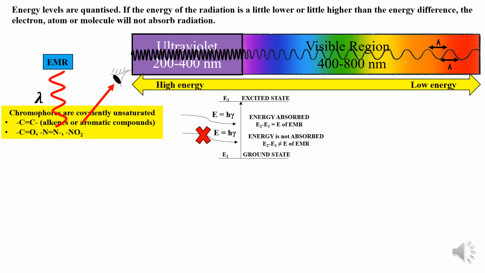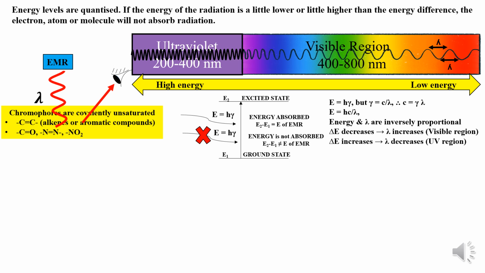That is to say, when the incoming energy of radiation is slightly lower or slightly higher than the energy difference, the electrons present in the chromophore within the molecule will not absorb the radiation. So energy levels are quantized, and that is why only when the energy matches, the radiation will be absorbed by the molecule.